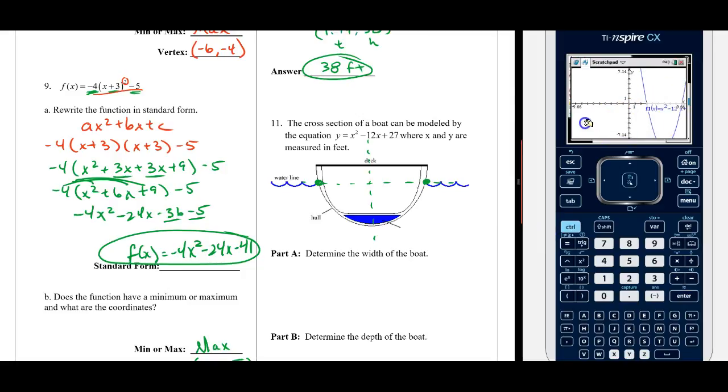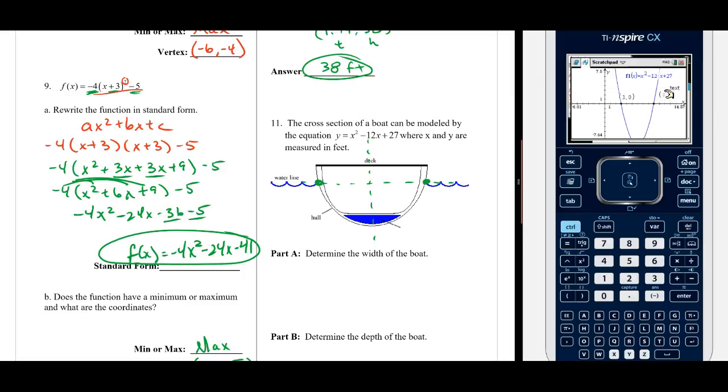And so there's my boat. What I want to know is where this point and this point are on the graph. So I'm going to do menu, analyze graph. I'm looking for the zeros. The left bound, right bound, here's 1, 0. The other 0, analyze graph, 0, left bound, right bound.